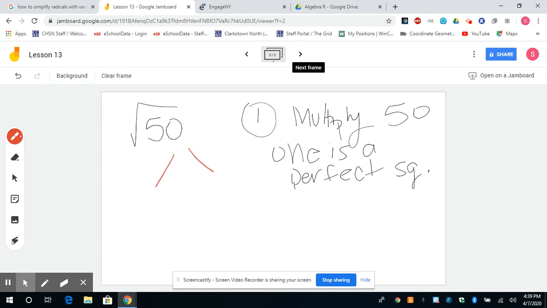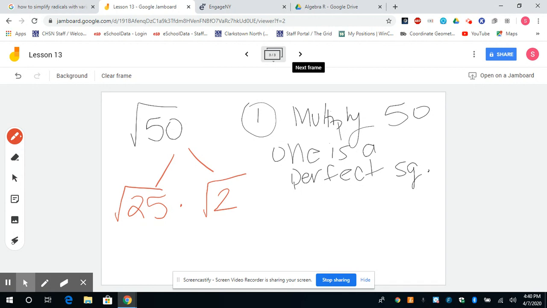Two numbers that make 50, one has to be a perfect square. So we have 25 and 2, right? 25 times 2 does equal 50. What we're going to do is put them both under radicals. We're just simplifying the radical. So radical 25 times radical 2 does equal radical 50.